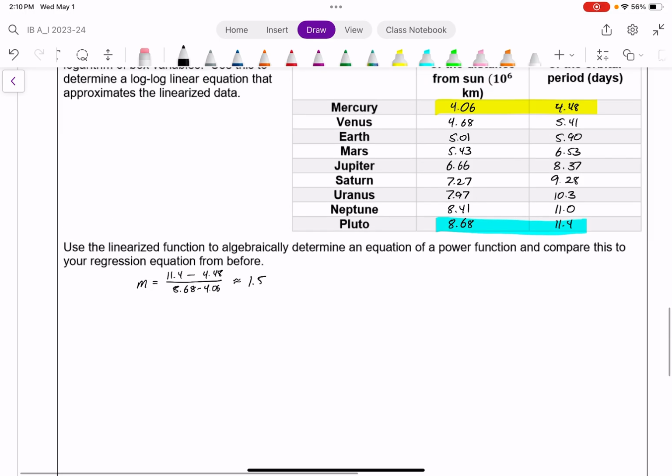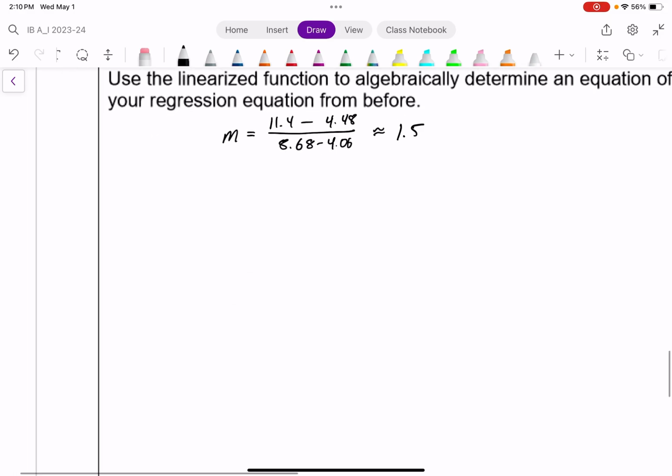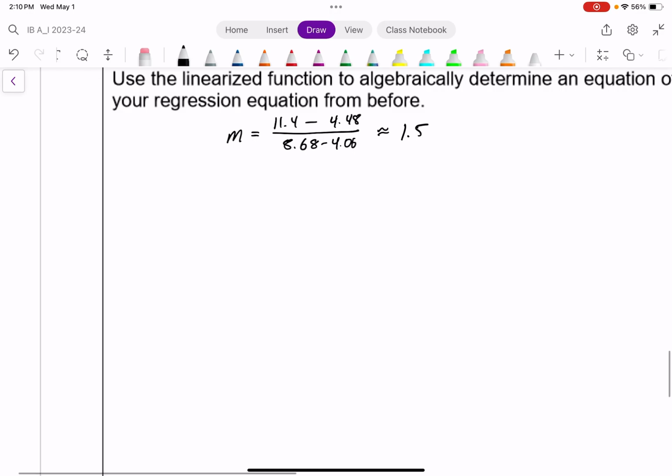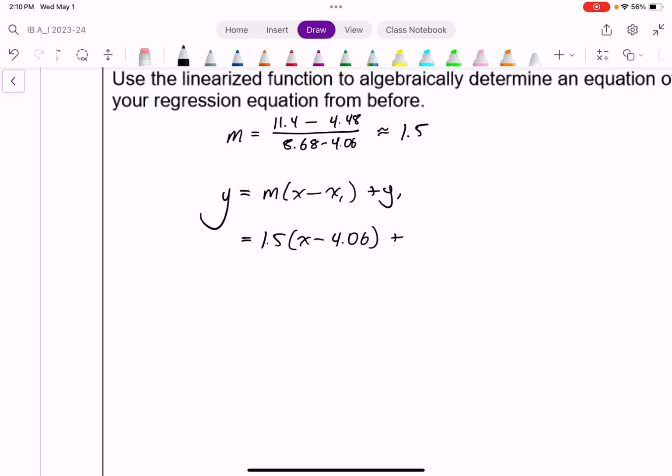I'm going to use that first point, 4.06 for my x and 4.48 for my y, and use the slope-point form or gradient-point form of the linear function, y equals m times x minus x1 plus y1. My slope is approximately 1.5, x minus 4.06, plus 4.48.